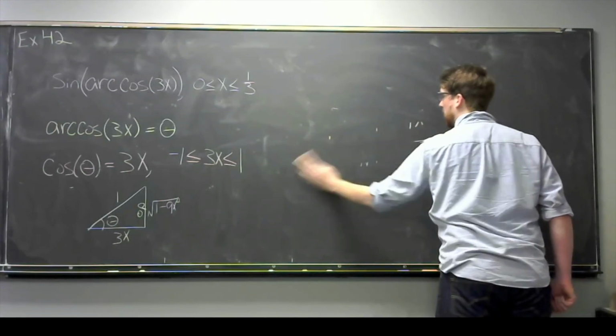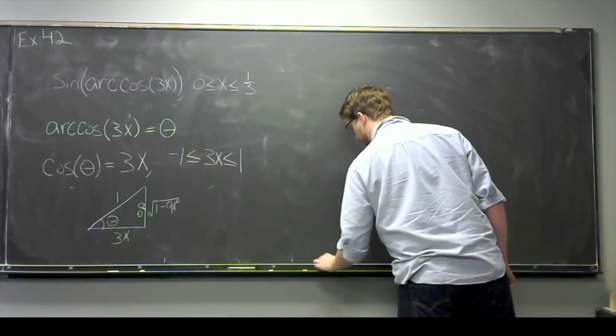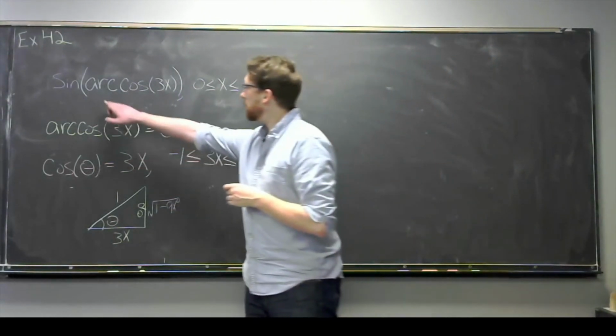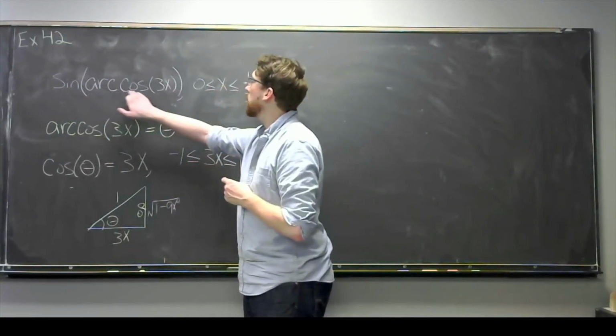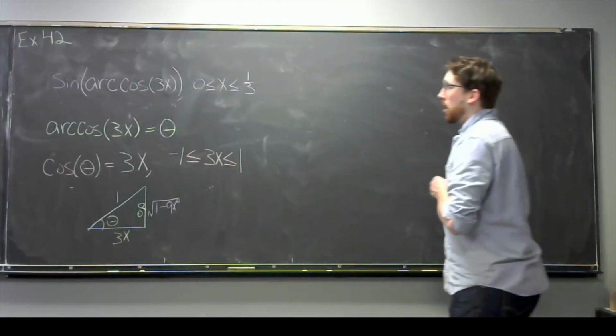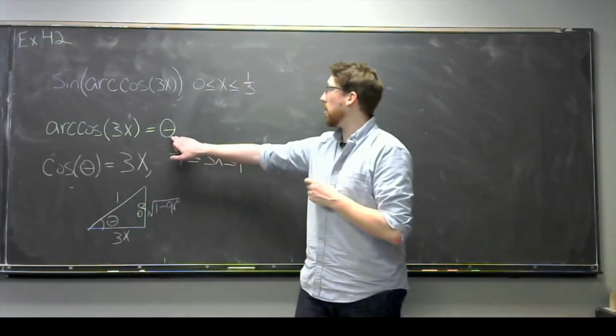Now, we need to go back and look at what we're trying to find. We're trying to find the sine of the arc cosine of 3 times x. And we know the arc cosine of 3 times x is equal to our angle.